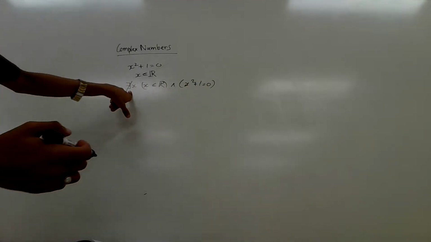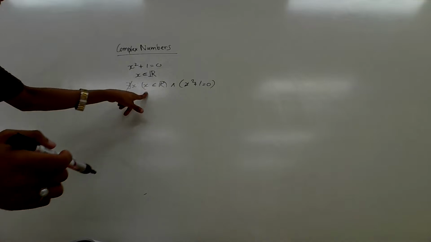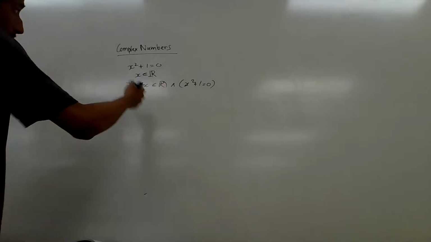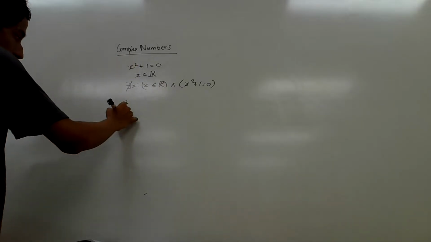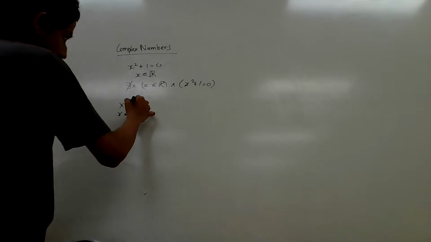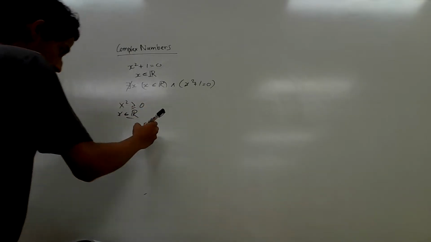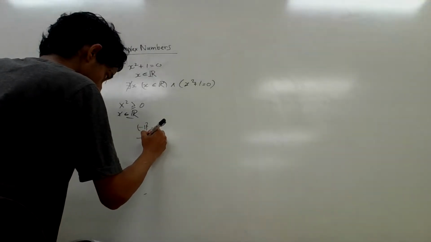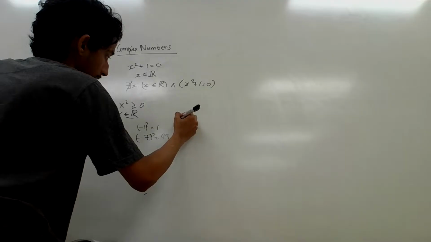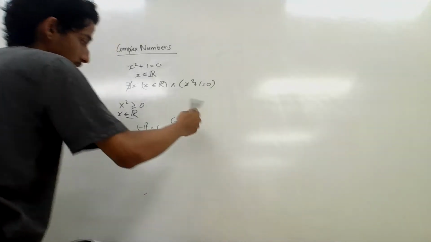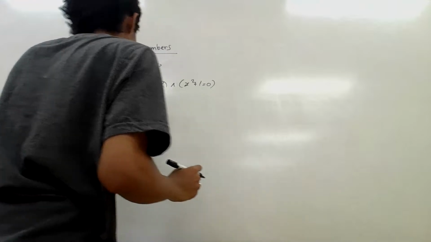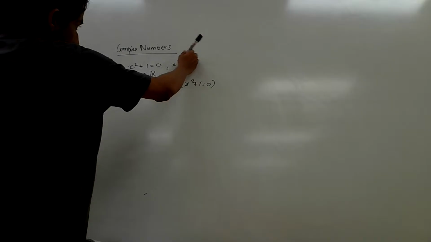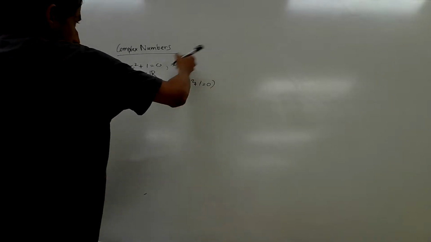It's very easy to understand that if you square a number in the real numbers, you'll always get a result that is not negative, because even if you take negatives, minus 1 squared will give you 1, minus 7 squared will give you 49, minus pi squared will give you pi squared. It goes on like that. There is no real number you can square and get it to be equal to minus 1. So this implies that x squared equals minus 1 does not exist simply.